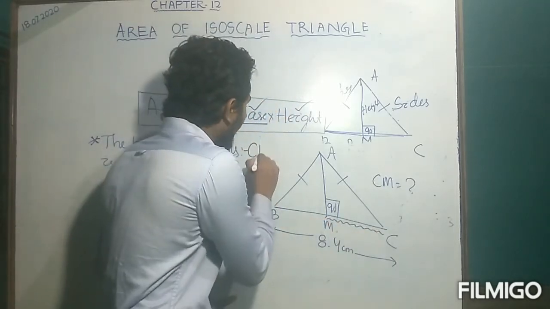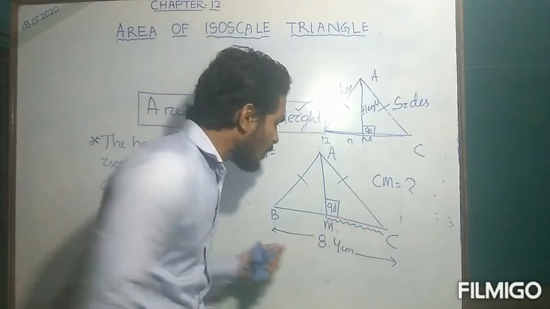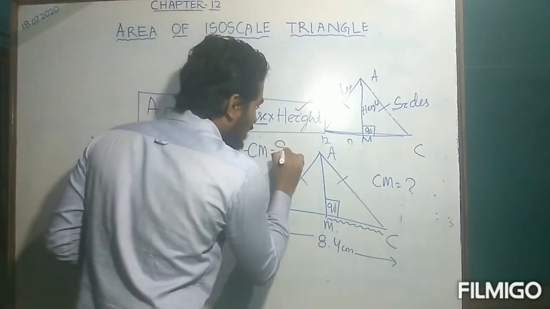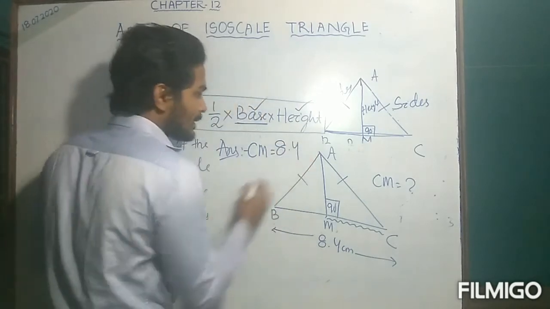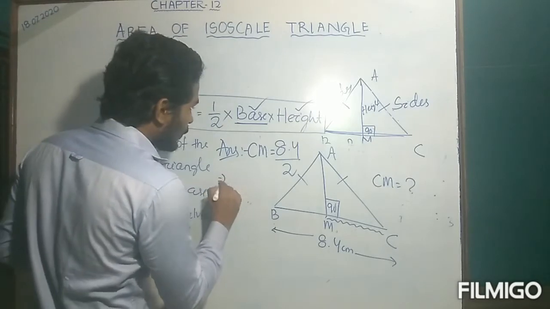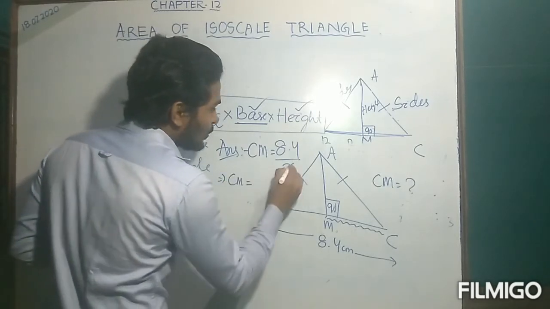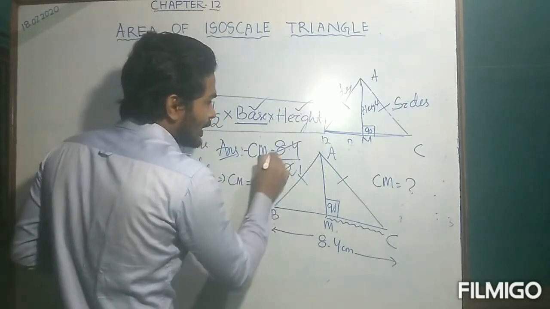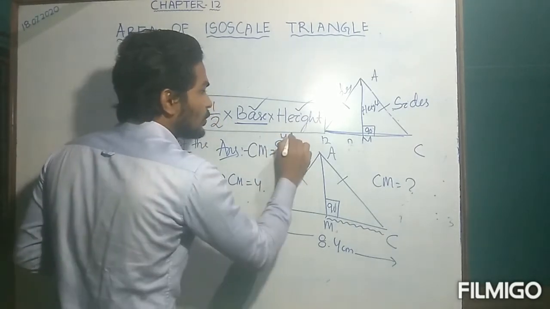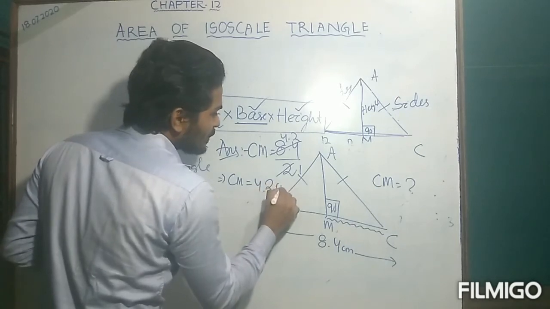And CM is half of the total base. The total base is 8.4, so half means divided by 2. So CM is equal to 8.4 by 2, that is 4.2.